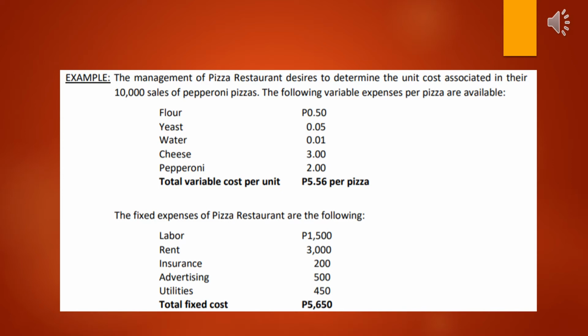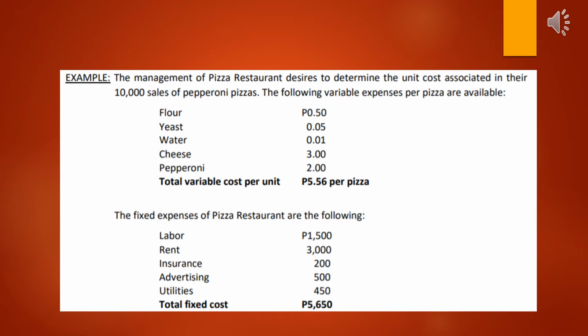So you are given here in the first data the cost of each ingredient with its corresponding cost per pizza. So you have a total variable cost per unit of 5.56 per pizza, and below that are the fixed expenses of the pizza restaurant, which are the following: the labor, which is 1,500, the rent, which costs 3,000, insurance 200 pesos, advertising 500, utilities 450, for a total fixed cost of 5,650.